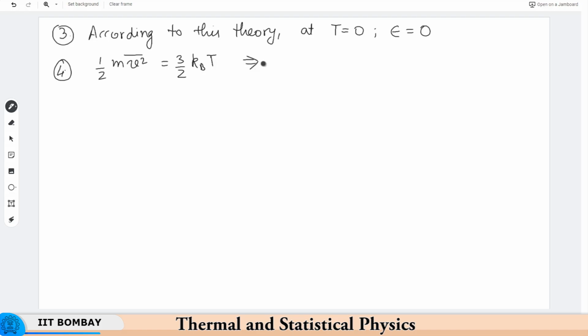So from here we can define the v squared average and its square root, right, which is essentially known as root mean squared velocity, and this is nothing but the square root of 3 kBT divided by m, right. And the quantity here, Vrms, is known as root mean squared velocity.